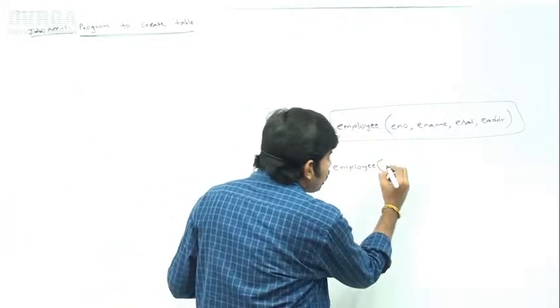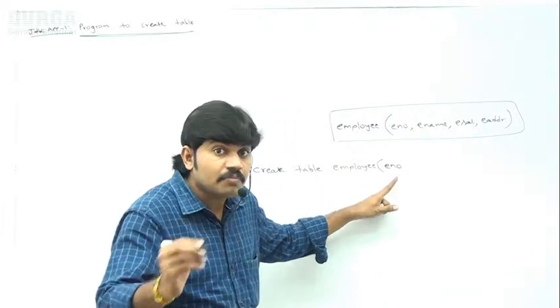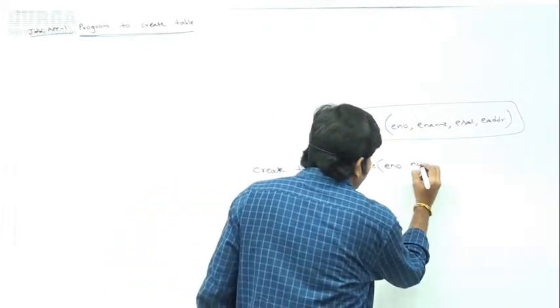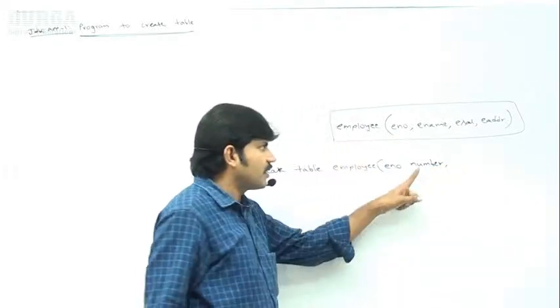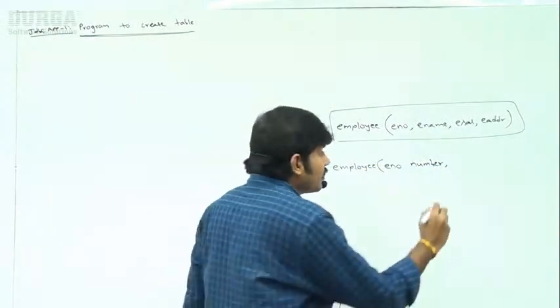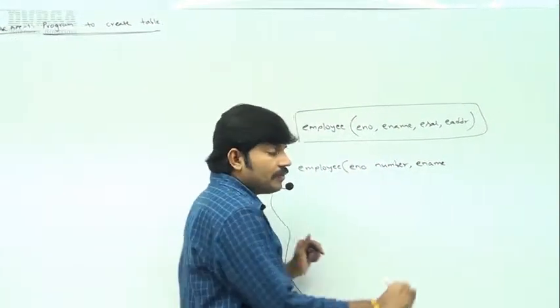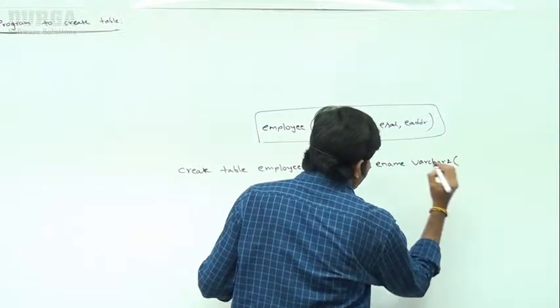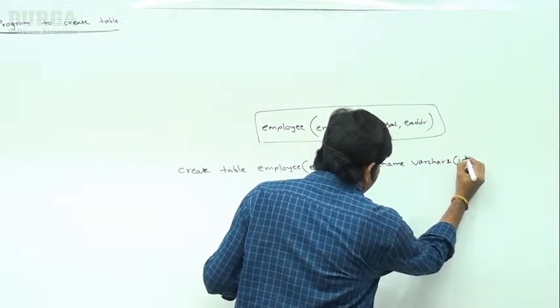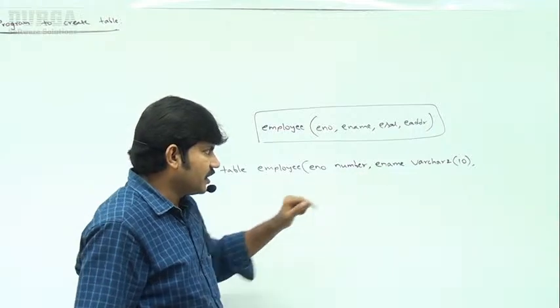First column, enum. Enum is what type? Number type. Next, the second one, ename. Ename is varchar2 of 10, max 10 characters allowed.